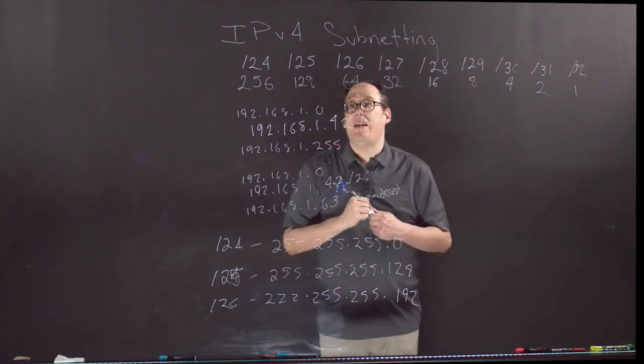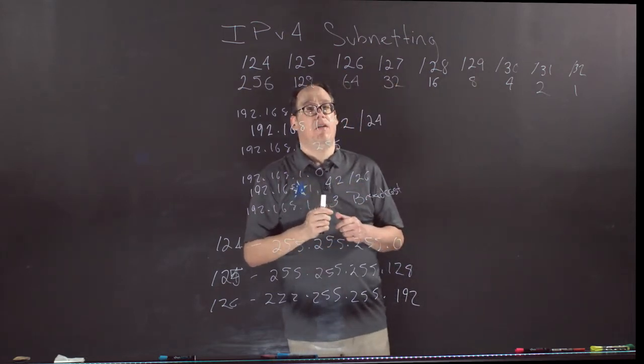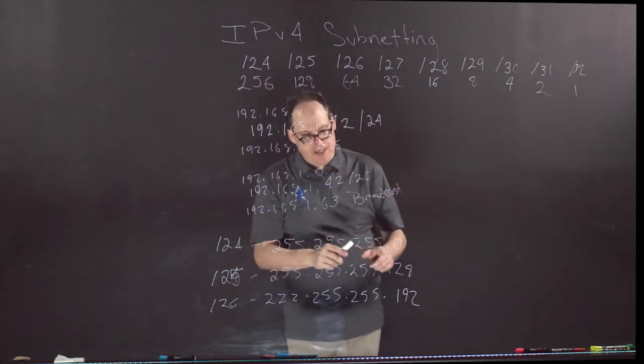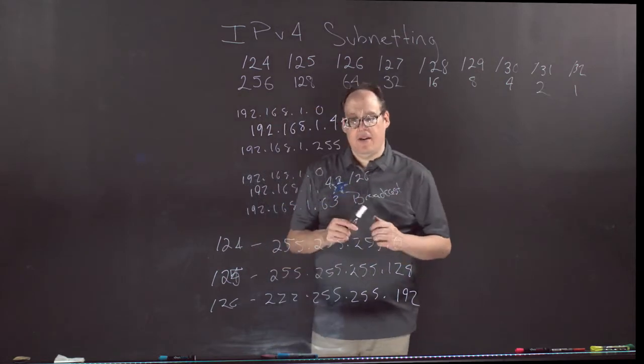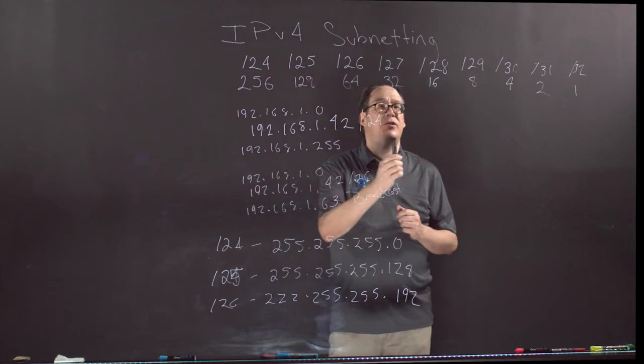I'm going to keep adding bits as we go to the right. We're going to keep adding bits to create smaller and smaller networks. So this is just a way we can subdivide the network.